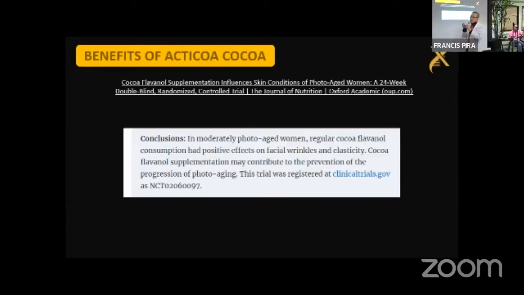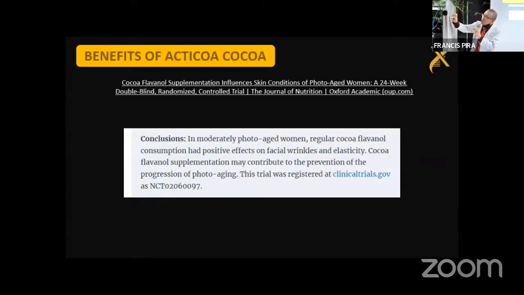You see, how many percent is water in our body? 70%. Water is H2O, 2 atoms of hydrogen and 1 atom of oxygen. When sunlight strikes water, it will produce an OH radical and an H radical.